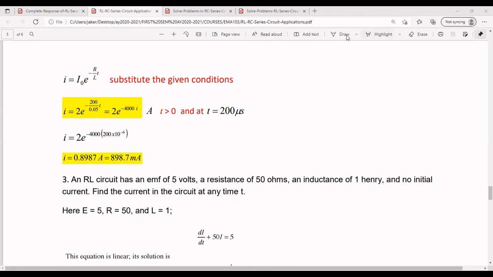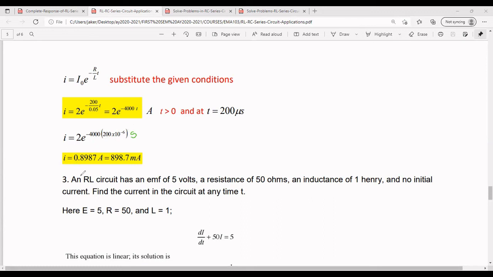So then this must be now already having the unit seconds. If the provided time in the problem class is not seconds, it's microseconds or milliseconds, you have to really convert that to seconds. So that is why you get here 200 times 10 raised to negative 6.